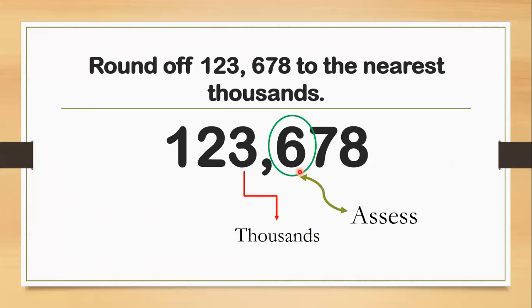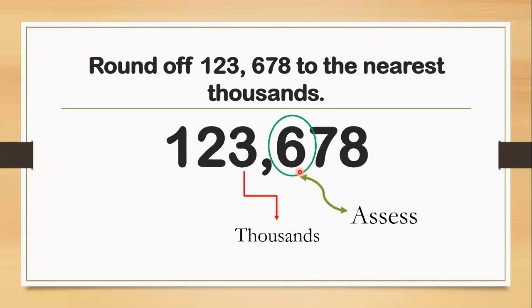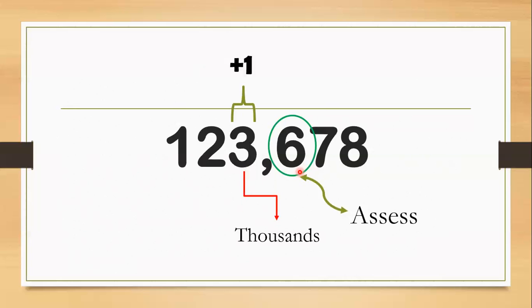As the rule states, we have to add 1 to the digit being rounded off, and replace all the digits on the right-hand side with zeros.